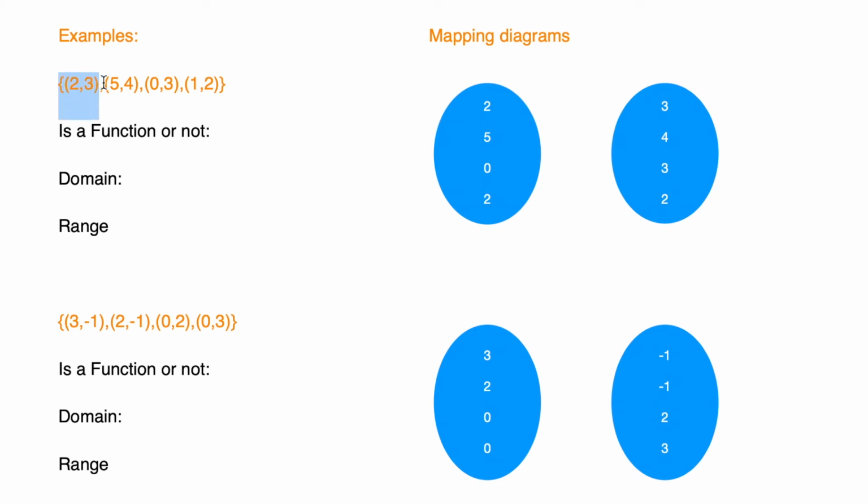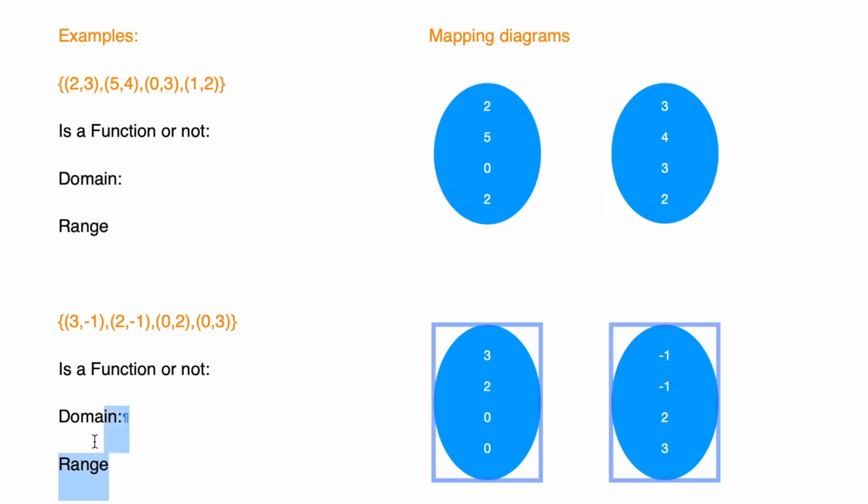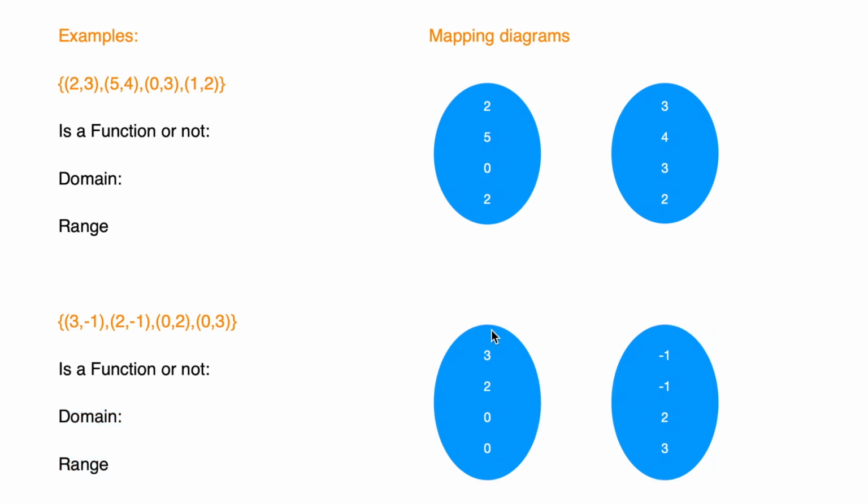And in the next example we see whether the relation is a function or not, and what the domain and the range are. Here we have the domain and range, and there are mapping diagrams on the left side. You can see that. Now we write what the domain and the range of the given relation are, and we see whether it is a function or not.